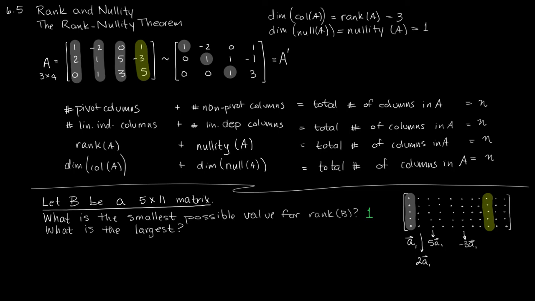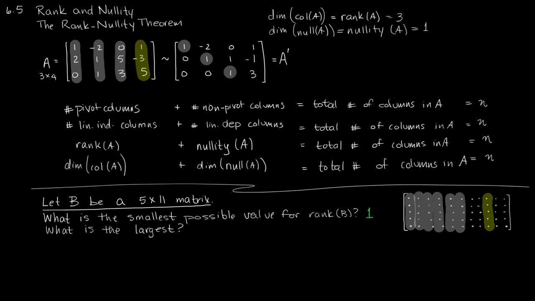Okay, so now let's look at what the second question is asking us: what is the largest possible value for the rank of B? Where's my pen? There it goes. How many linearly independent columns can I have?